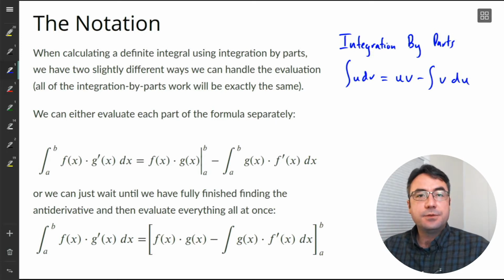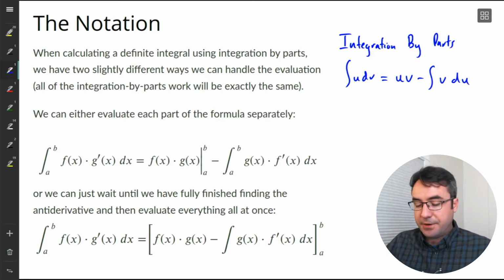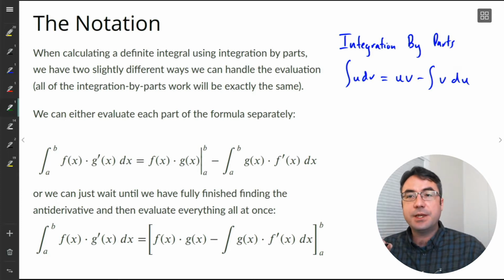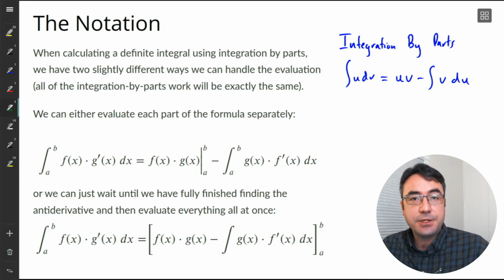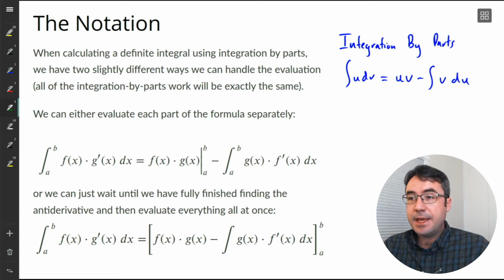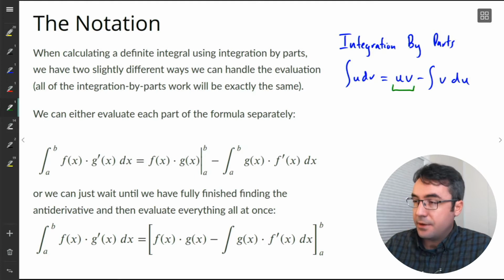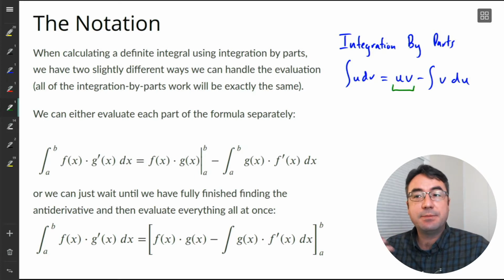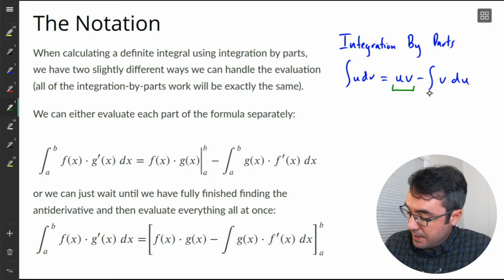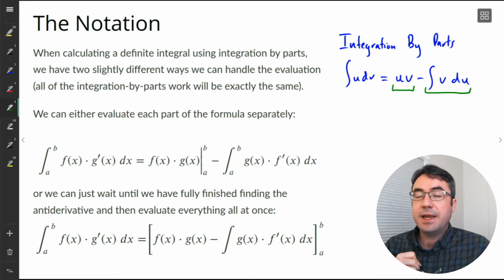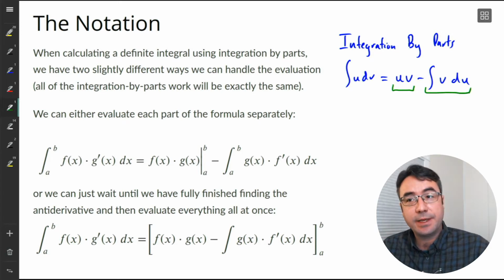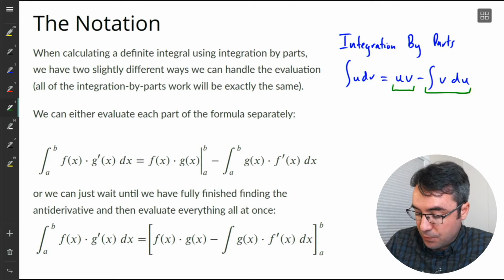Once we get ready to do the evaluation part of our definite integral, we can either evaluate the u times v part and evaluate the remaining integral part separately. That's option 1, evaluate separately.